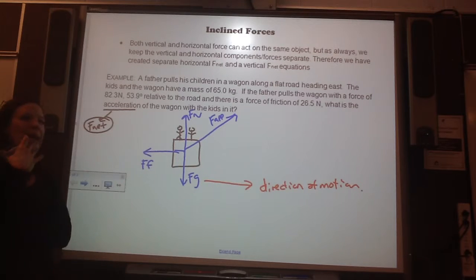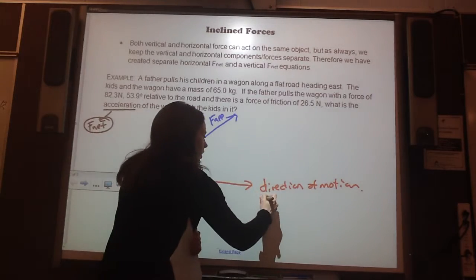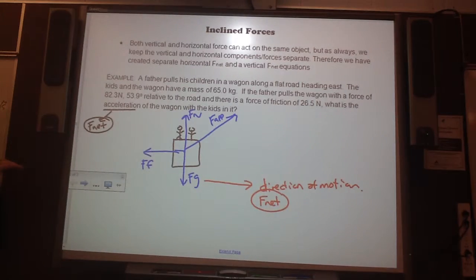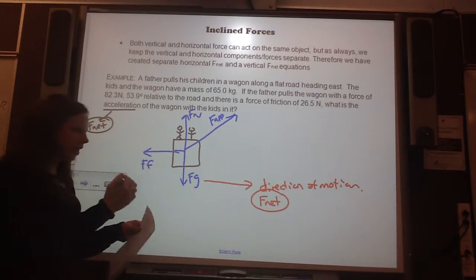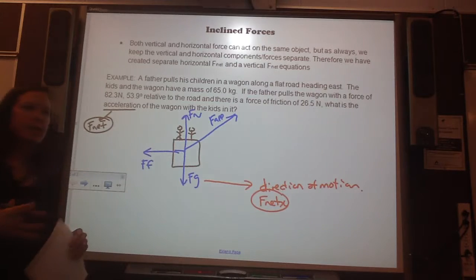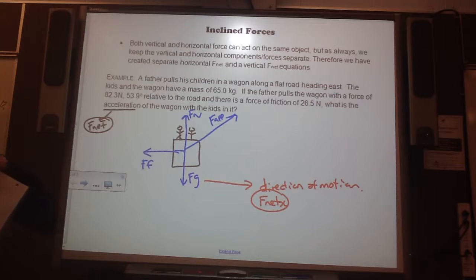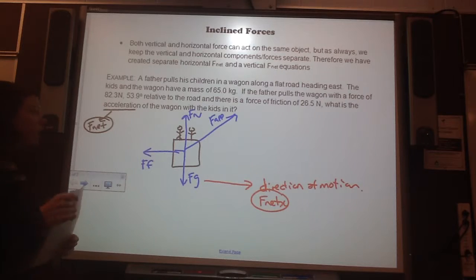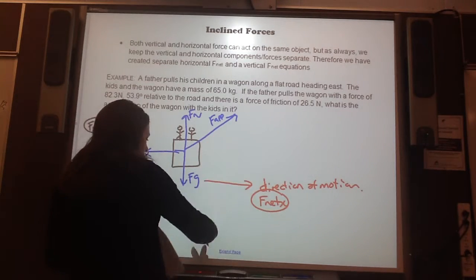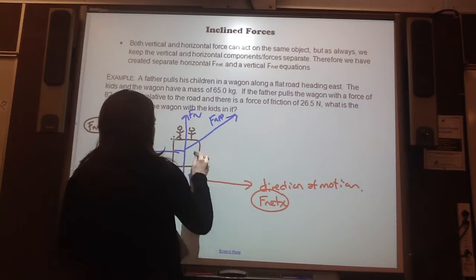So if my F net is horizontal, I'm going to say that's F net X, because I need to look at the horizontal component of F net. So what we need to do is break down F app into two components.